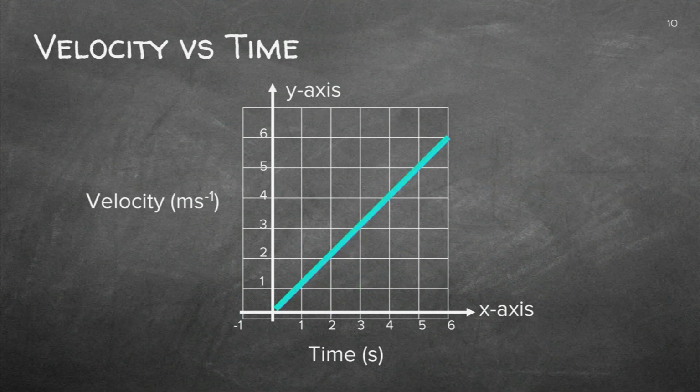Have a look at the velocity. The velocity on the y-axis is changing. You started at 0 when this ticker tape or your stopwatch started. You were at a standstill. You were at rest. And then you moved faster in the first second, faster in the second.